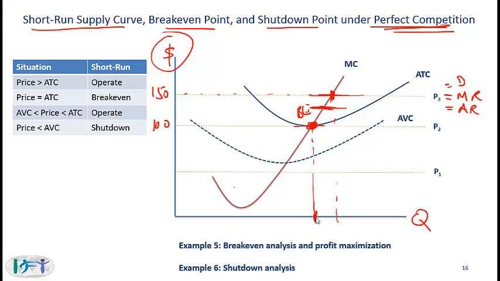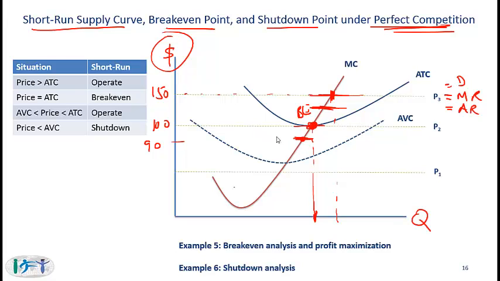the x-axis. What if the price falls below 100? Say the price comes down to 90. Then we are at this point over here. The firm, at least in the short run, will continue to operate because the money that is being made over here.